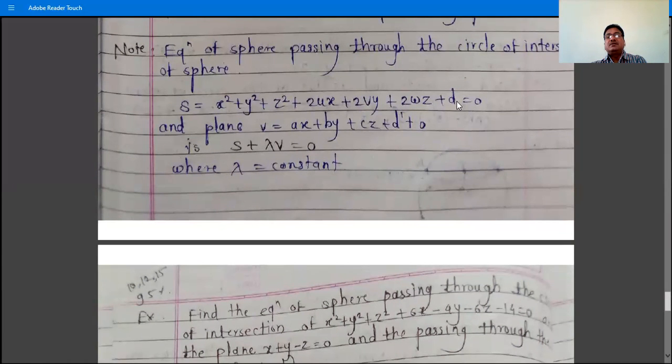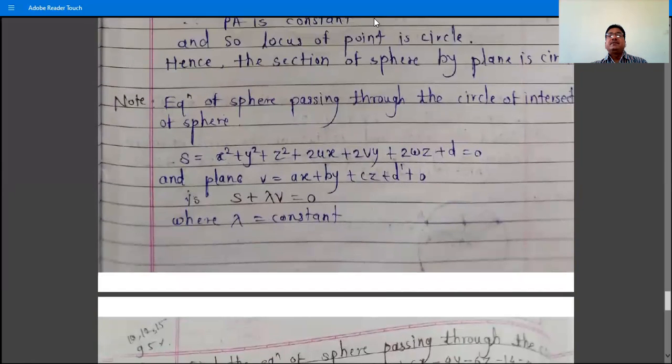S is the equation of the sphere and V is the equation of the plane. So S plus lambda V is equal to 0 is the formula to obtain the equation of a sphere passing through the circle of intersection of a sphere and plane. We will see examples on this topic in the next lecture.